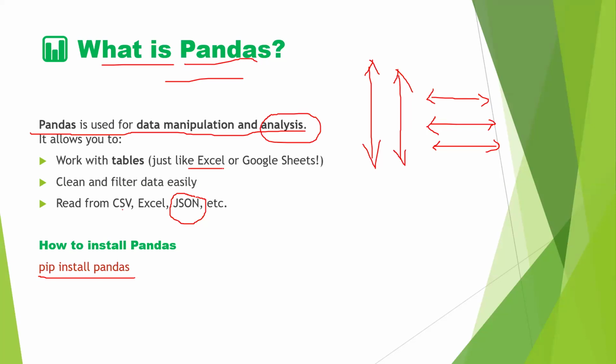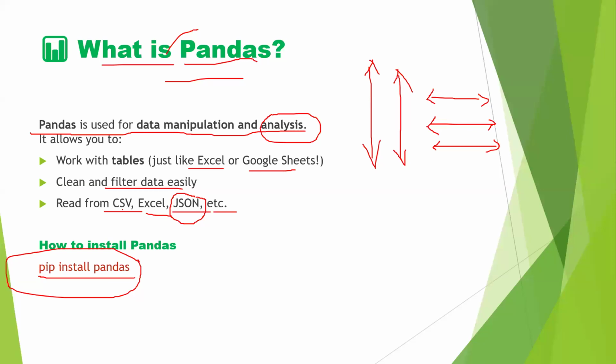You can perform that in Excel and also in Google Sheets. Data manipulation in pandas also helps us filter data easily. And the pandas library itself can read CSV, Excel, and JSON, among others. So how do we install pandas? It's very simple.